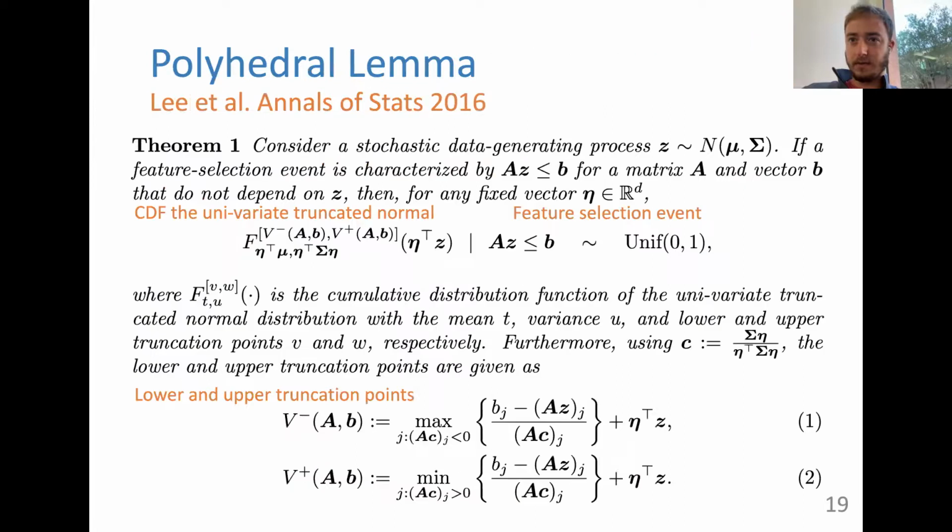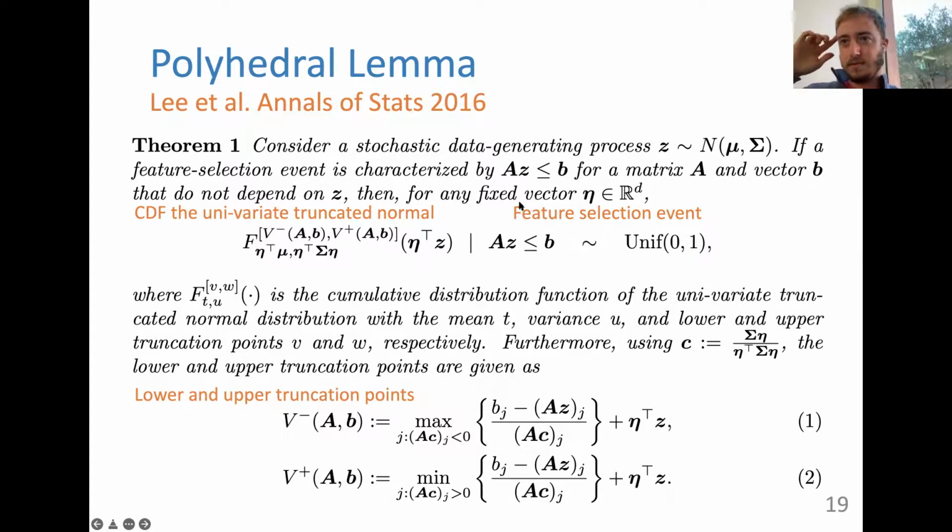Well, what do you mean independent of a selection? This is some fixed vector eta. If it does not depend on the selection, then I think it's fine. Maybe it's fine, because when you select one feature, it needs to depend on the features to choose which feature you select.